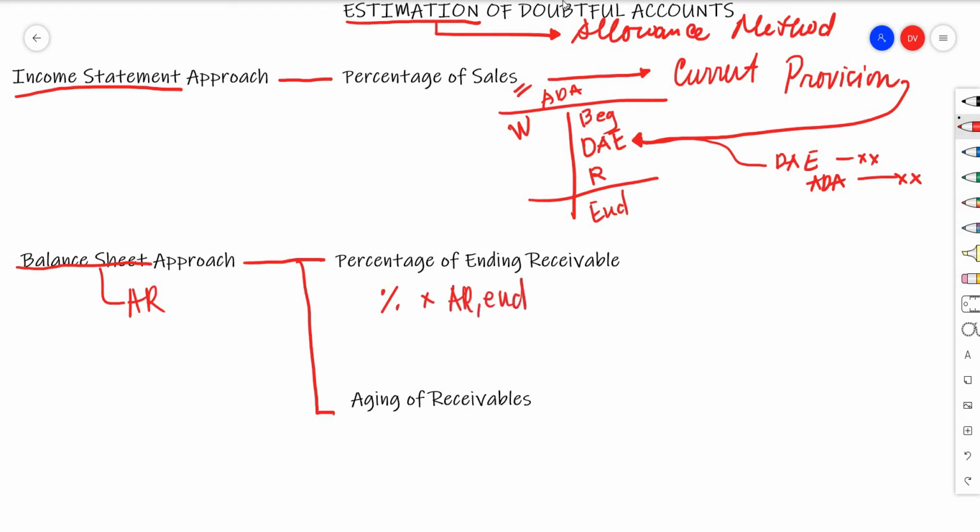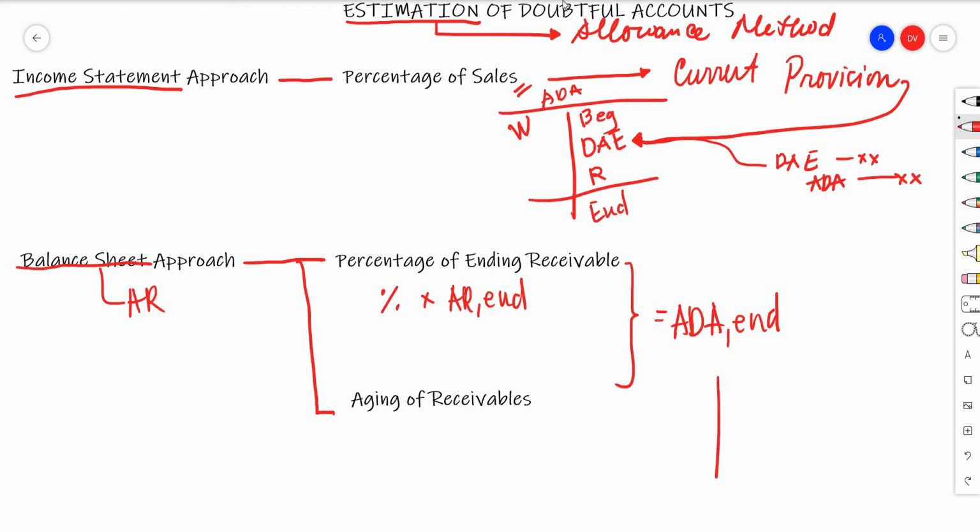Or it can be what we call aging. Okay? However, in both cases, whether it is percentage of ending receivable or aging of receivable, in the end, the amount you get will be your allowance for doubtful accounts ending.